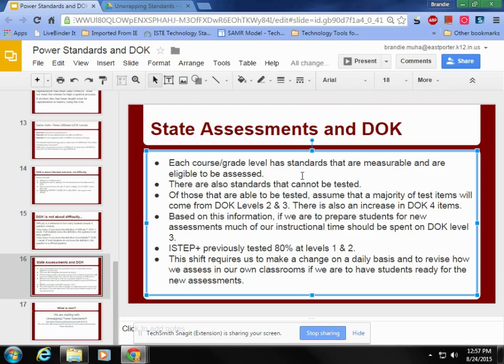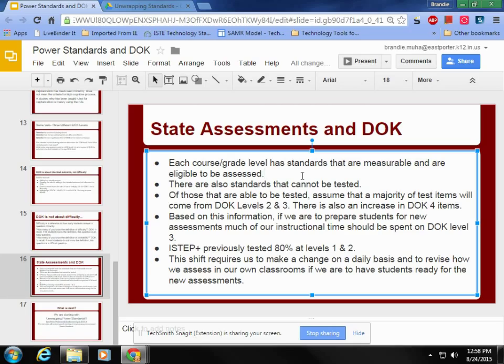Of those that are able to be tested, you need to start assuming that a majority of test items will come from depth of knowledge levels 2 and 3. And that's what's being found from things like the PARCC assessment or the Smarter Balance assessment. So we're assuming right at this point that ISTEP is going to be right there too.